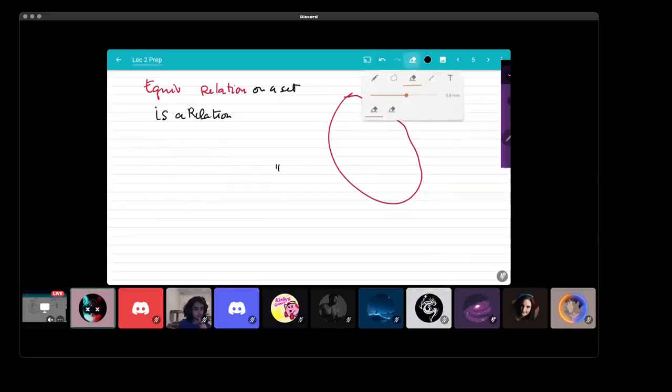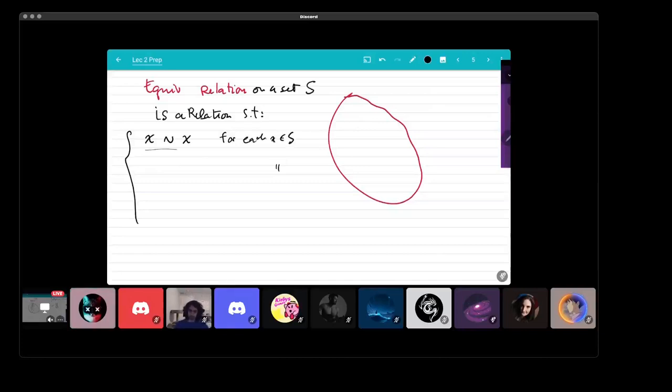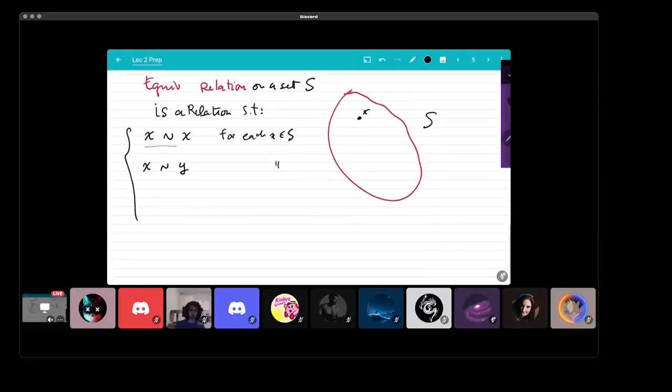Now an equivalence relation is a relation, so it's a yes or no function on a set that has to follow the three following properties, such that first of all each element is equivalent to itself. So x is equivalent to itself. Second property, if you have an element x that is equivalent to another one y, it means that y is equivalent to x.